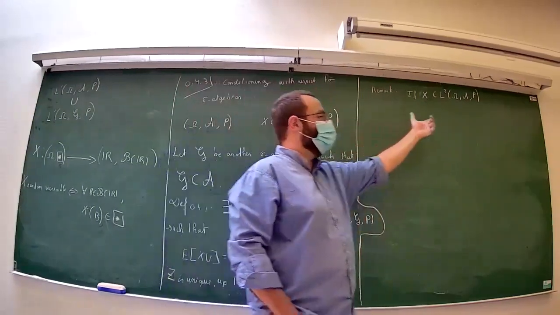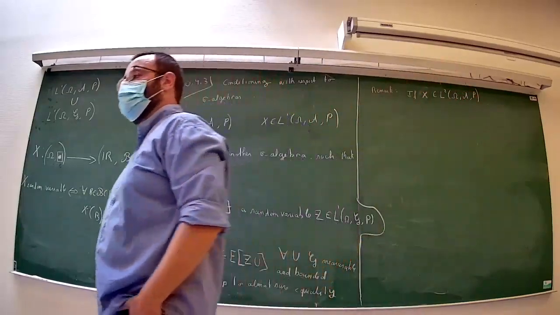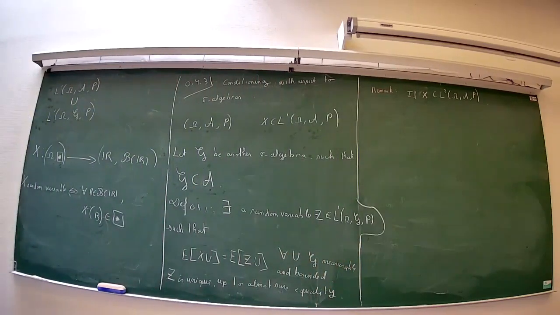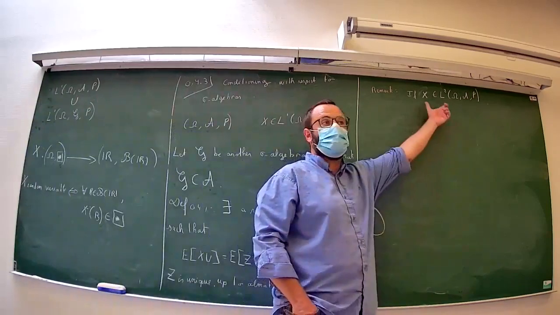Passing from this space to this one is not that neutral, because in this one I have something very interesting for us here. L2 is what, from a functional analysis point of view? I think we can define a dot product. Yes, so it's a Hilbert space. Okay, you have a scalar product here.